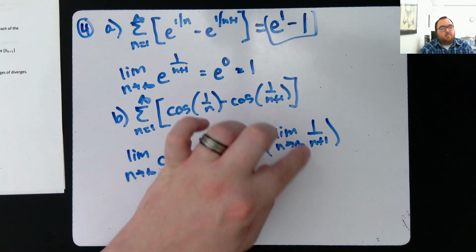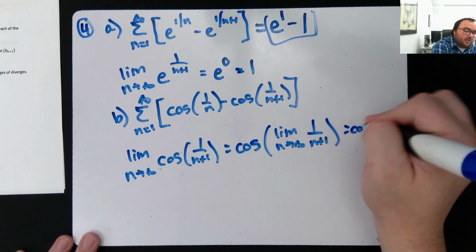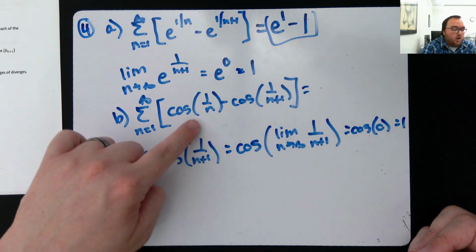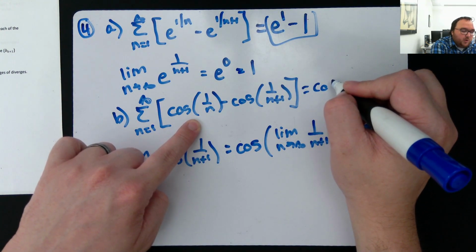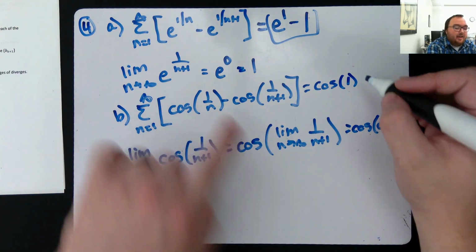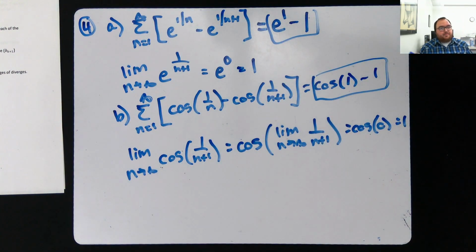Once again, as the bottom gets really big, the whole thing is really small. So this is cosine of 0, which is 1. So I take my first term, plug in a 1, you get cosine of 1, which you can't rewrite some other way. So cosine of 1 is fine. Minus my last term, which is approaching 1. That's it.